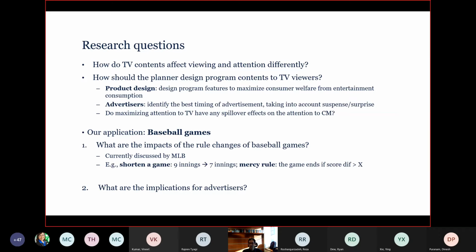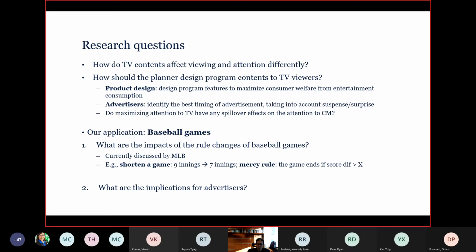In addition to that, we are interested in how the TV planner should design TV program contents to increase customer attention, the number of eyeballs of TV viewers. So our research question is relevant to product design. We want to design the TV program contents to maximize consumer welfare, or in other words, the number of eyeballs paying attention to the screen.